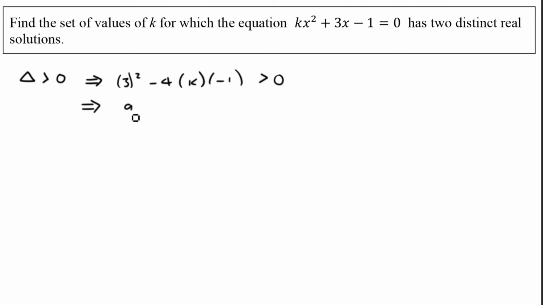So we have that 9 plus 4k is greater than 0. That means that 4k is greater than negative 9, and therefore k itself must be greater than negative 9 over 4. For any value of k greater than negative 9 over 4, our original quadratic will have two distinct solutions. For other values of k, it won't.